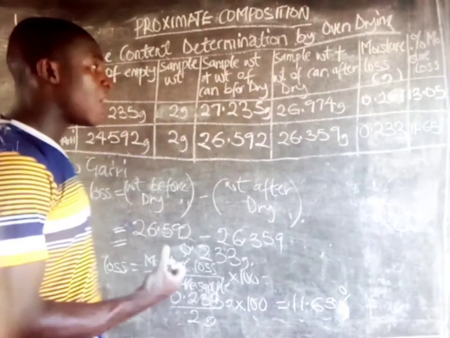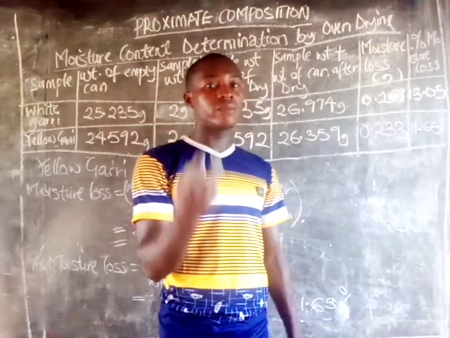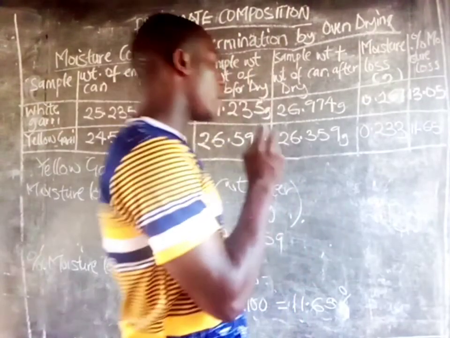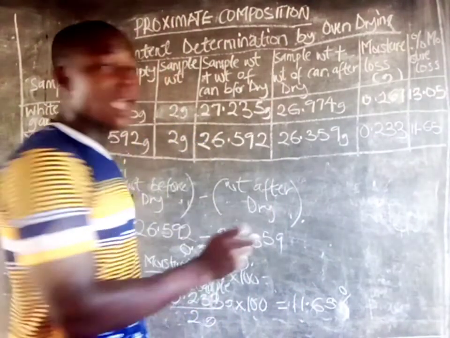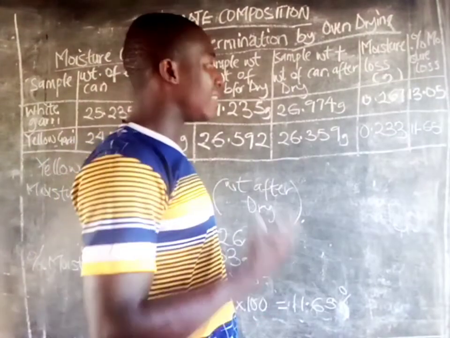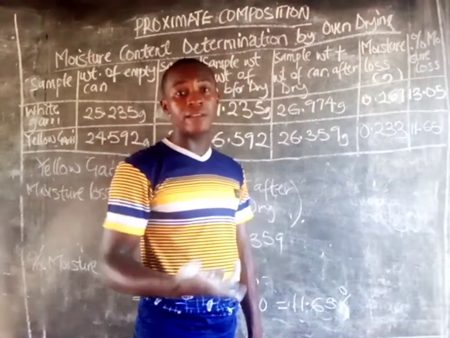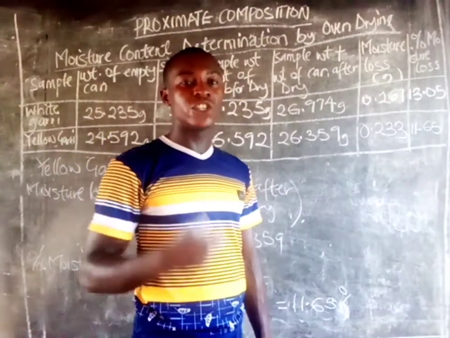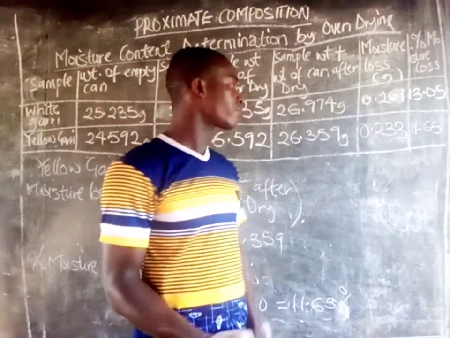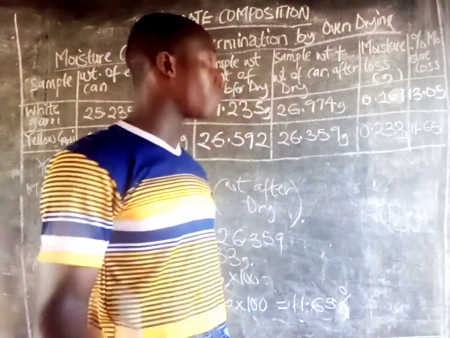And as simple as that, using the oven dry method, we have been able to calculate this. We observe that white Gari's moisture content is higher than yellow Gari's moisture content after the processing.